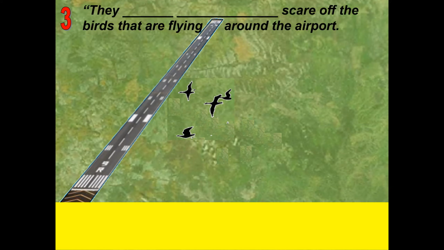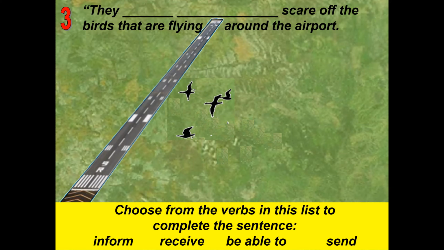And Guillermo, they blank scare off the birds that are flying around the airport and tell me that they can't do it. Something like that. They are able, they are be able to scare the birds that are flying around the airport. Yeah, but say that they can't do it.